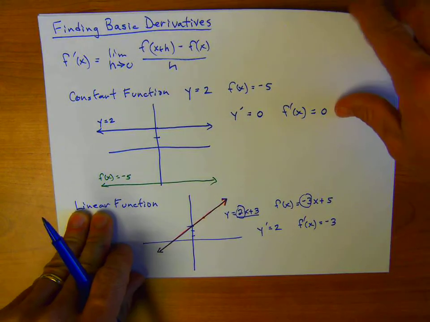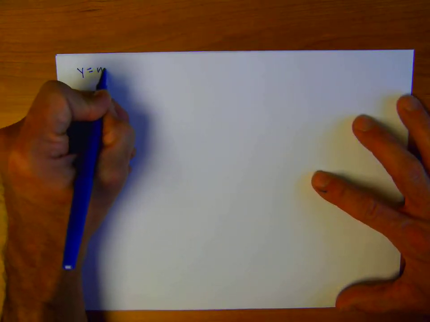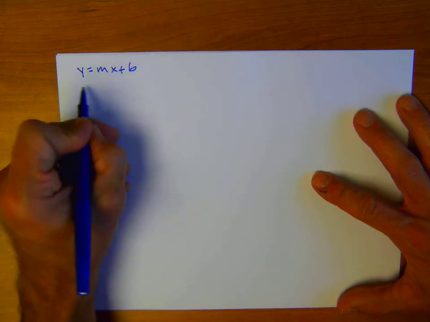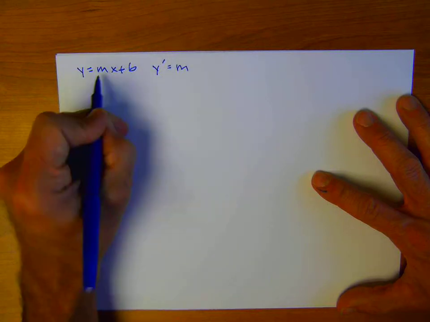All right. Just a very brief kind of proof of that. If we had y equals mx plus b, let's go ahead and use our definition to show that y prime would equal m, whatever that slope is.